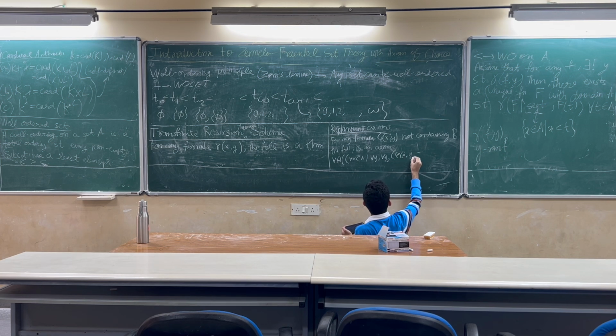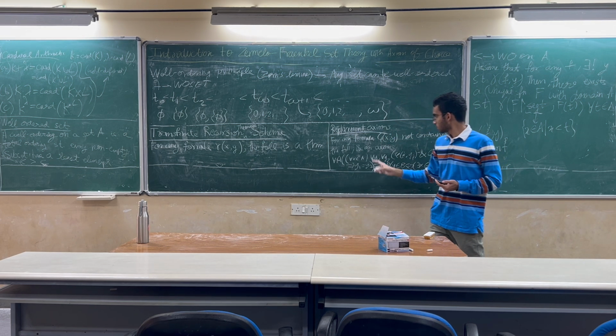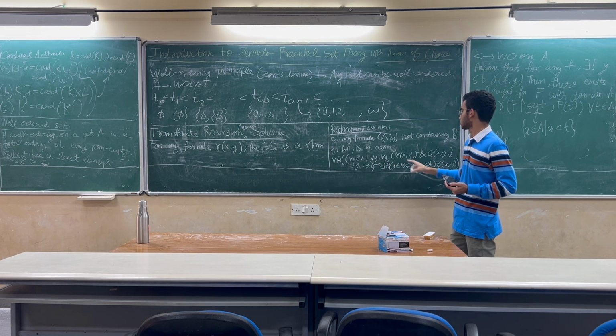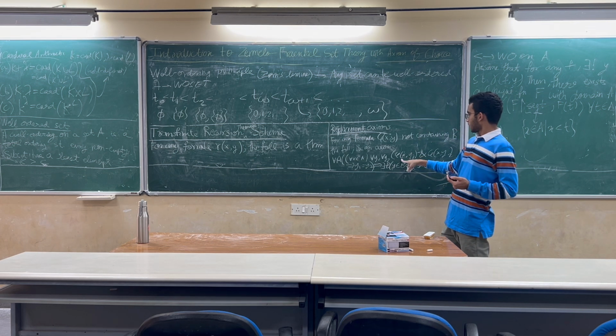I'll just explain this one. Okay, so what is this telling us? We have a particular kind of formula which is like a function class. So if there are y1 and y2 such that x nominates y1 and x nominates y2, then y1 must be equal to y2. So any x has a unique nominee.